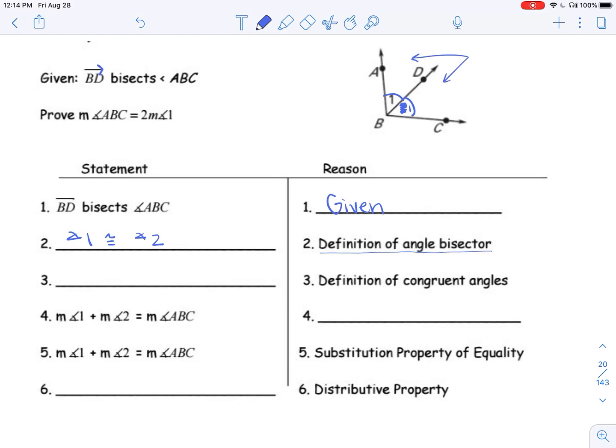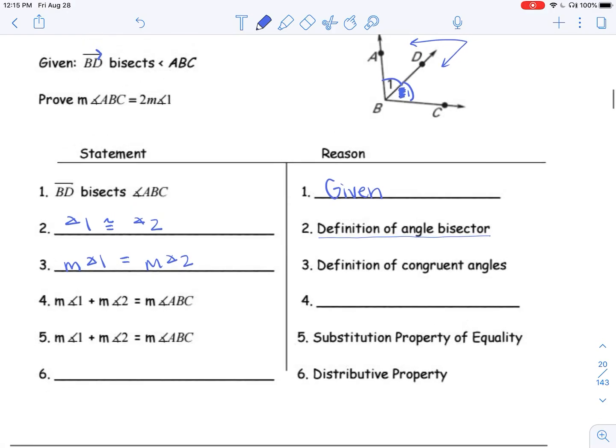I'm just going to change the way that they look. The measure of angle 1 equals the measure of angle 2. Now I'm saying not only are they congruent, but their numerical values are the same too. All right, so the measure of angle 1 plus the measure of angle 2 equals the measure of the whole thing.